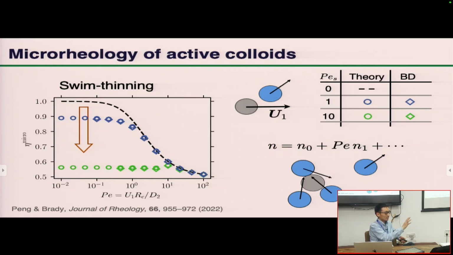Whereas for a passive Brownian particle, the orientation doesn't matter, so you get the full orientation space, whether the orientation is pointing out or into the probe. So you get more asymmetry for a passive system. That's why the viscosity is higher for passive compared to active.